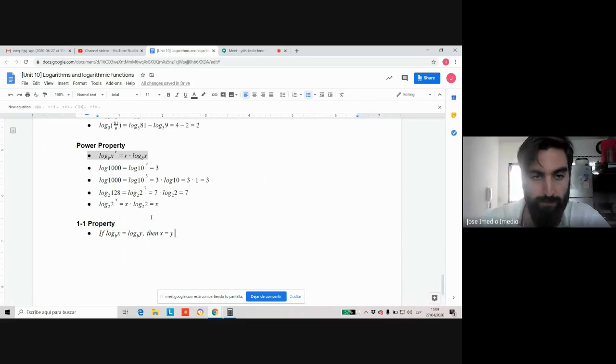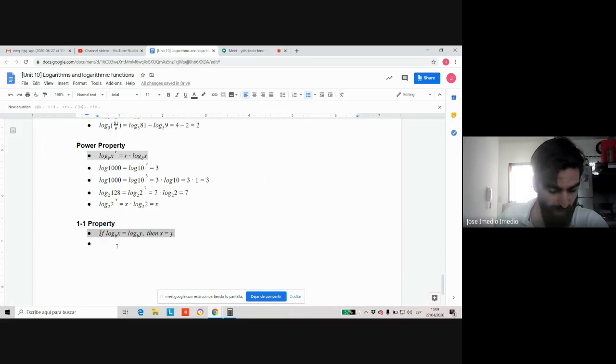Okay, and this is going to be very useful for us to solve equations. Actually, I like the examples that you can find in your book for this one.